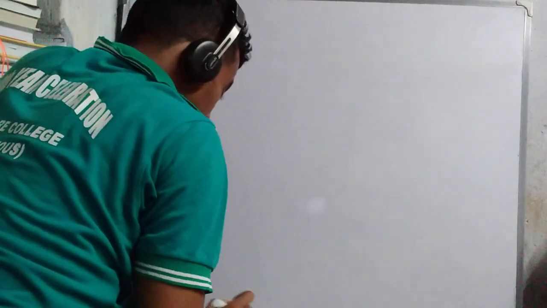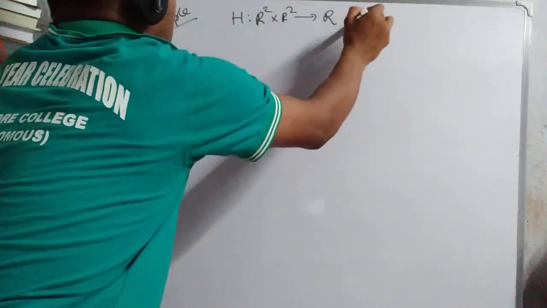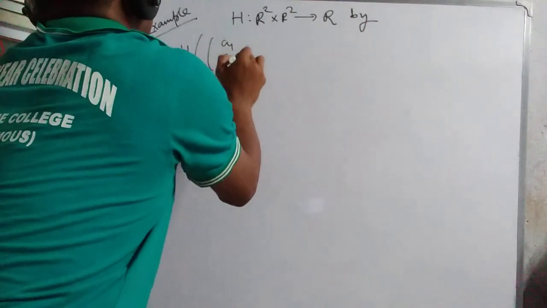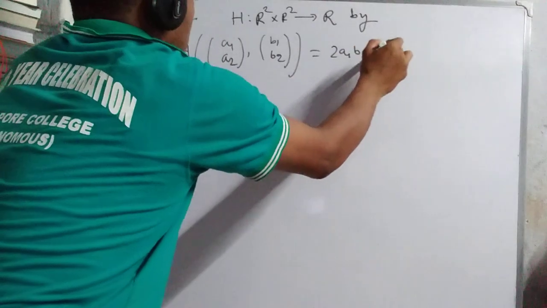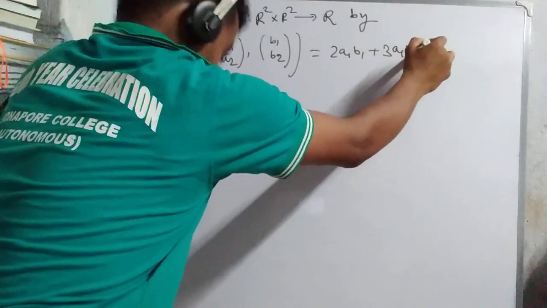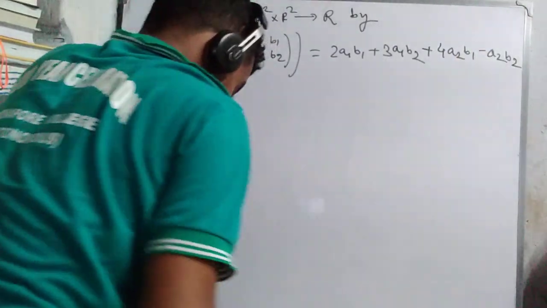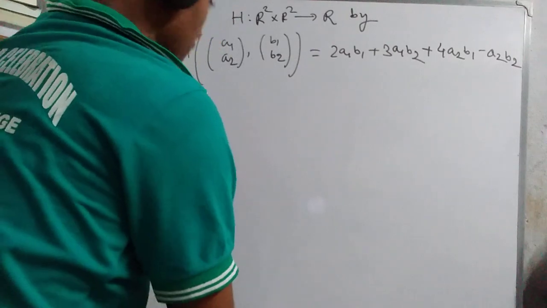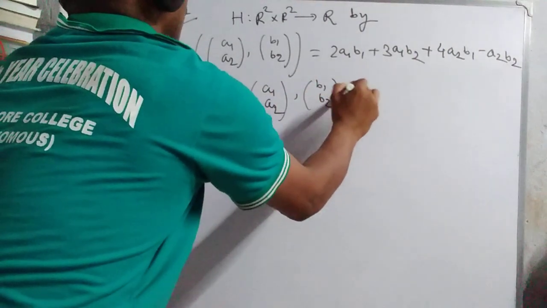So we write here, example. We consider the bilinear form H from R square cross R square to R defined by H of (A1, A2), (B1, B2) equal to 2A1B1 minus 3A1B2 plus 4A2B1 minus A2B2, for (A1, A2) and (B1, B2) belonging to R square.